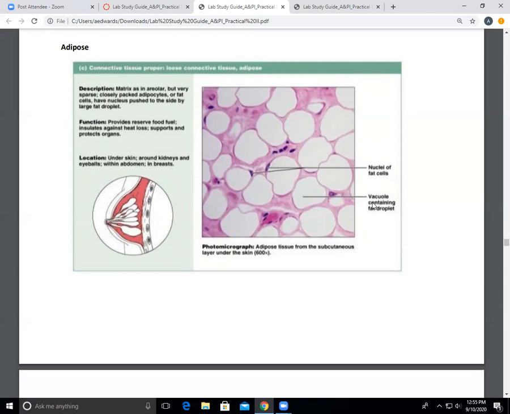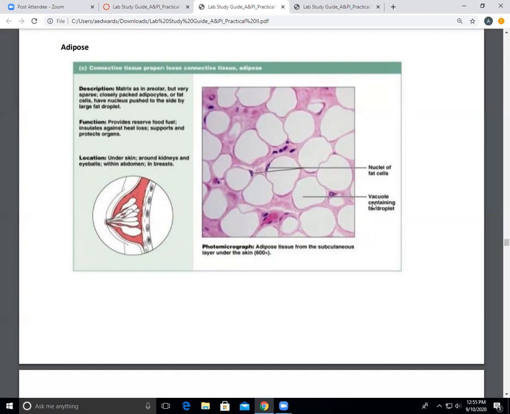The adipose cells are like big circles. In most cells, the nucleus is sort of somewhere in the middle of the cell, right? In an adipose cell, the nuclei are along the edge. So when you see these little dark spots on them, those are nuclei. Okay, the rest of the cell pretty much is taken up by the fat globules.